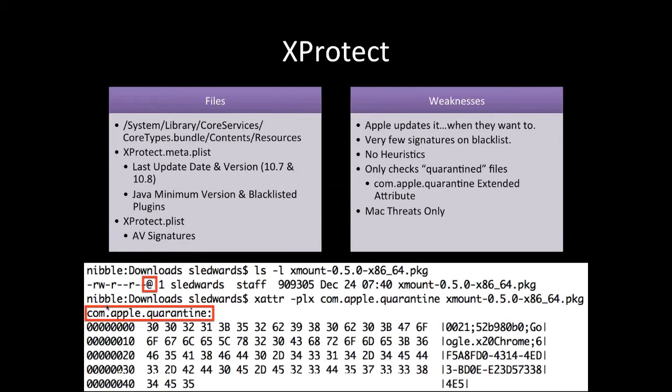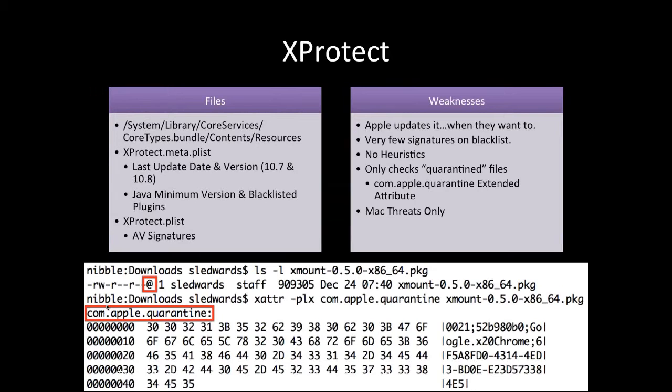The meta file contains things like when the signatures were last updated, blacklisted plugins, and the minimum Java version it can actually run, things associated with that. The XProtect plist is actually a little bit more interesting because that contains the actual signatures that the XProtect process is looking for.